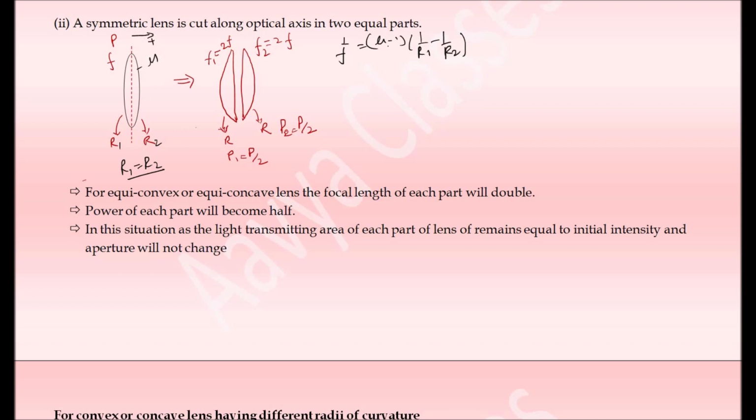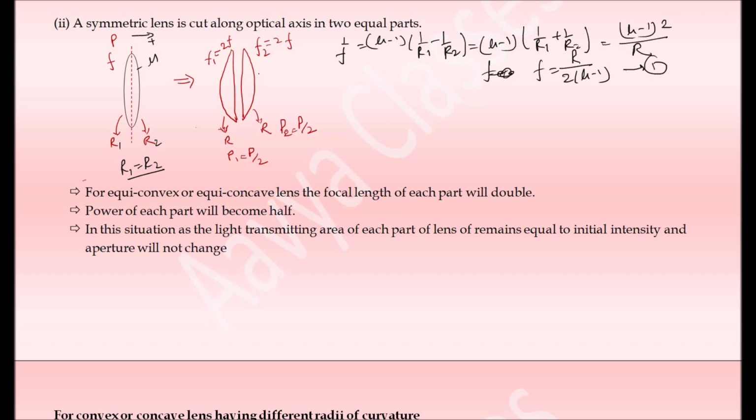So R1 comes with positive sign, R2 comes with negative sign, and here (mu minus 1)(1 by R1 plus 1 by R2). So R1 and R2 is equal to R, so we get (mu minus 1) into 2 by R. So from there the focal length of original lens is equal to R divided by 2(mu minus 1). So this is our equation 1.